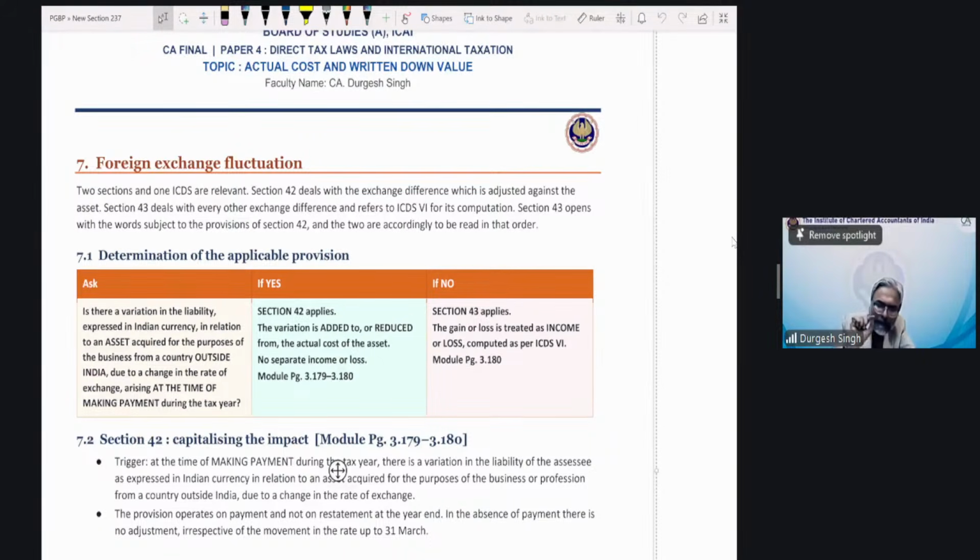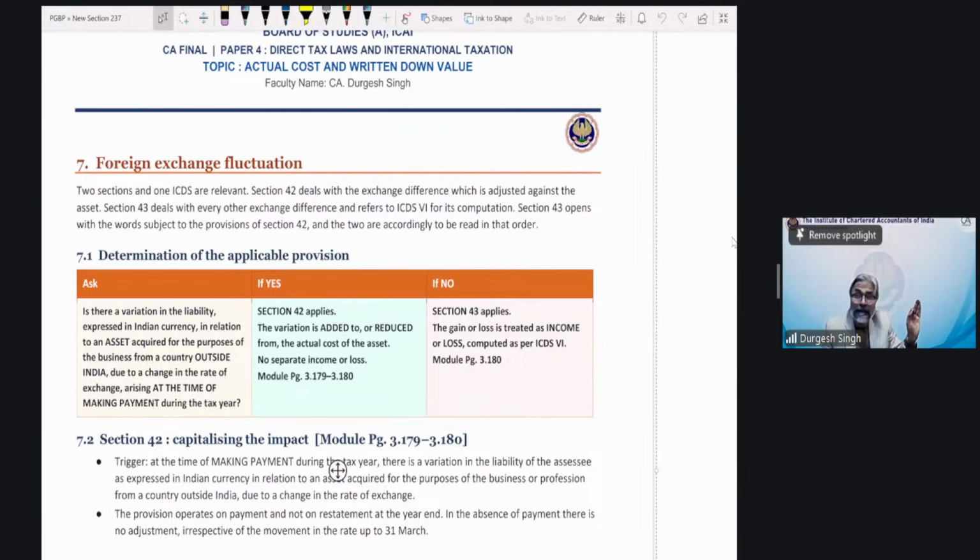Section 42 deals with the exchange difference which is adjusted against the asset, foreign exchange fluctuation adjusted against the asset, students. Whereas 43 deals with every other exchange difference and refers to ICDS 6 for its computation. Got it, students? So can we say, under section 42, any foreign exchange fluctuation will be capitalized.